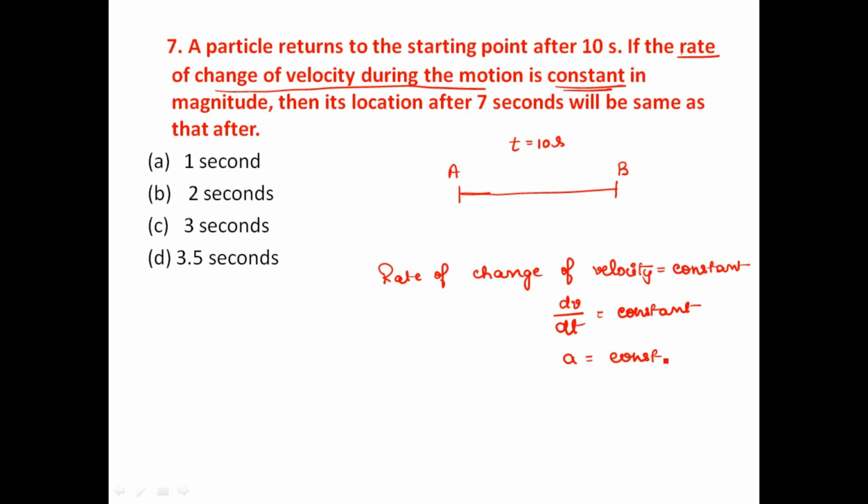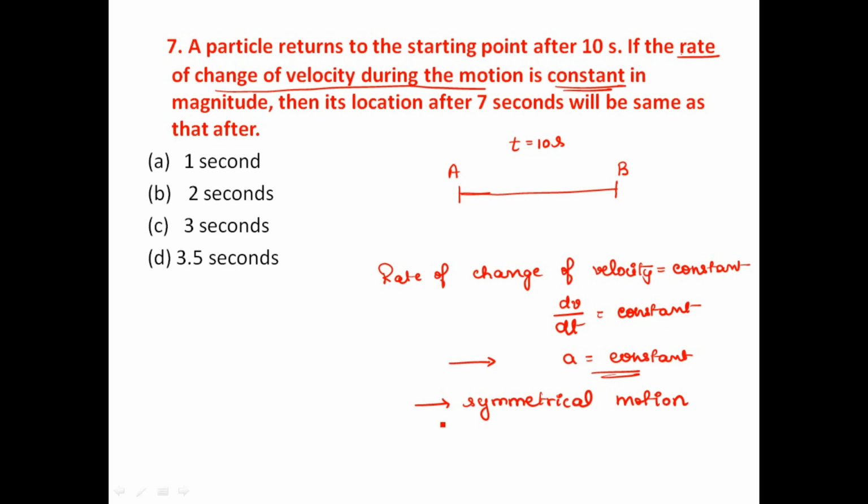Rate of change of velocity is acceleration, which is constant here, right? Also we need to understand that there is a symmetrical motion. Since the acceleration is constant, the motion is symmetrical. One thing to note is acceleration constant, motion is symmetrical. We need to find the time at which the displacement after 7 seconds is equal to displacement after some time.